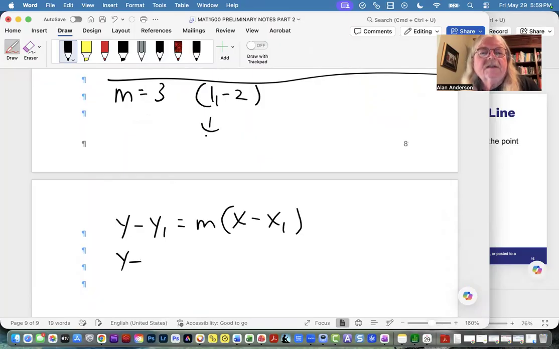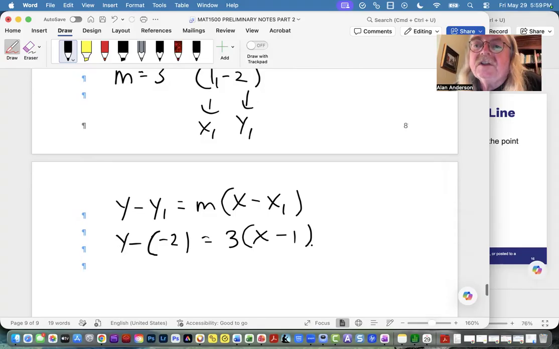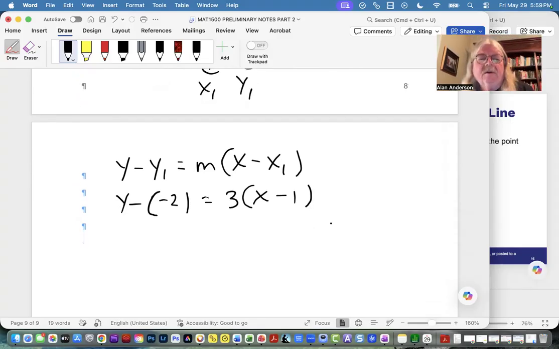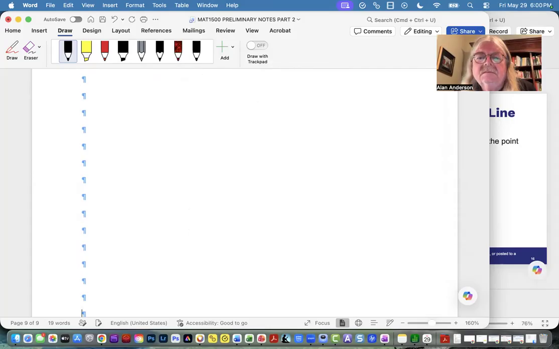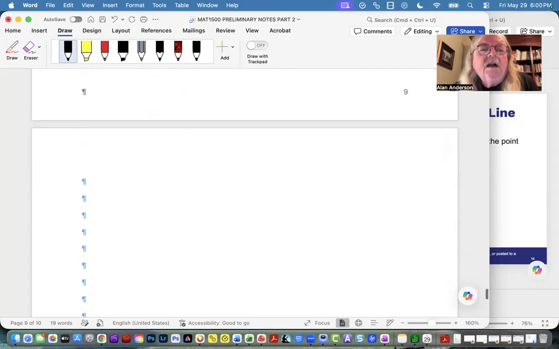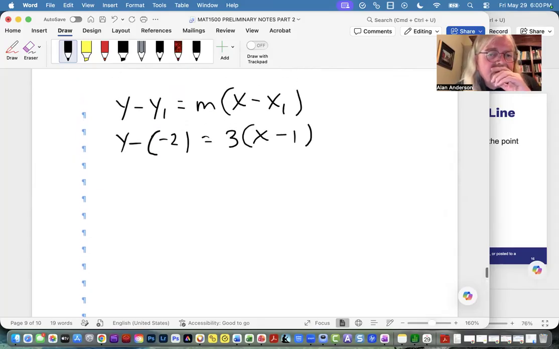So you can think of this as x1 and y1. And they want us to convert it into the traditional format, the slope-intercept form. Okay. So all we're going to do is a little algebra. All right. So in other words, here's what we're going to do.